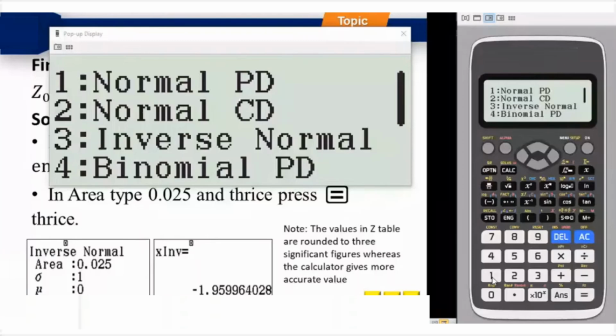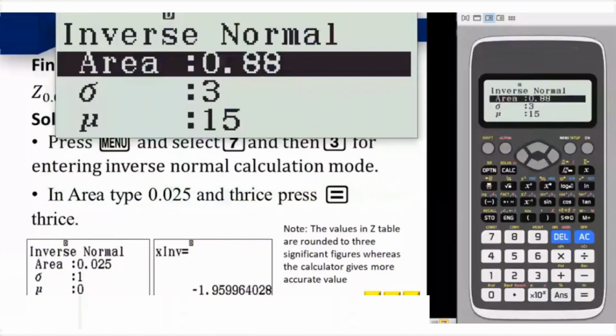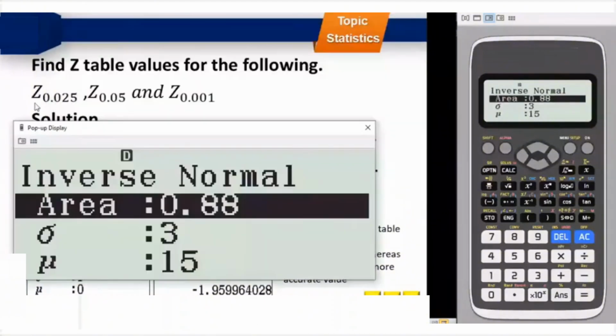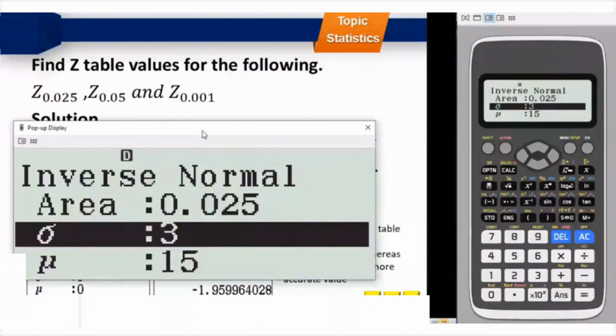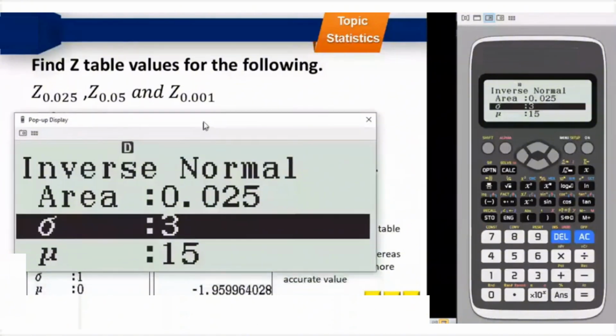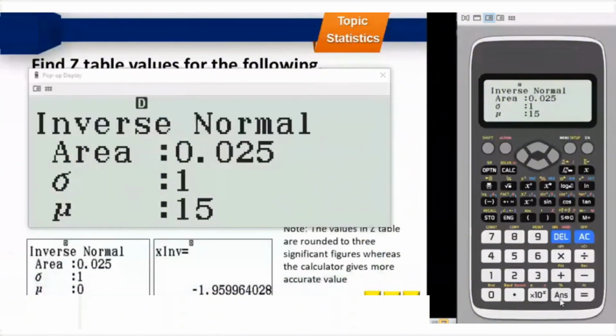And now whatever is written here, I will write it in place of area, that is 0.025. In ideal situation, your mean is 0 and your standard deviation is 1.